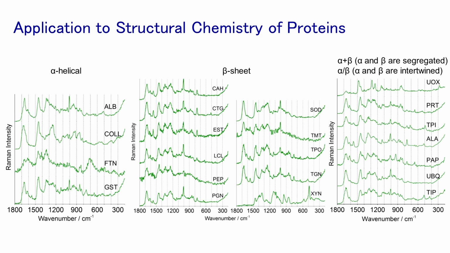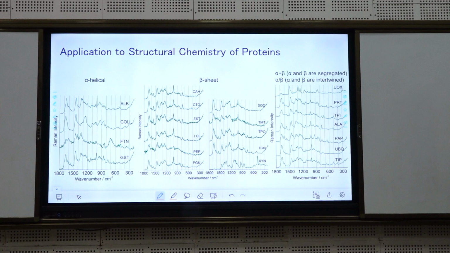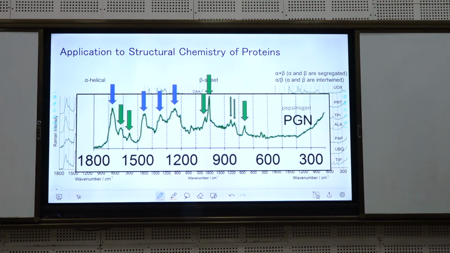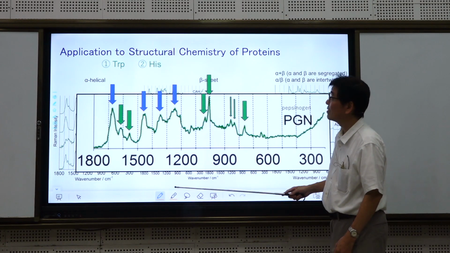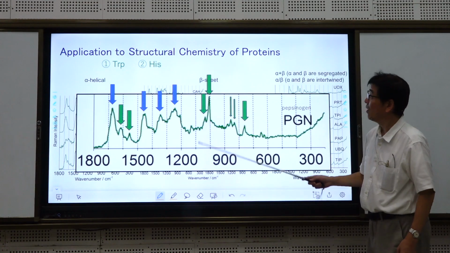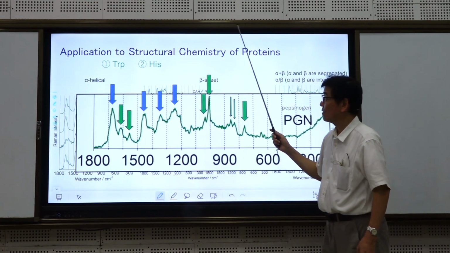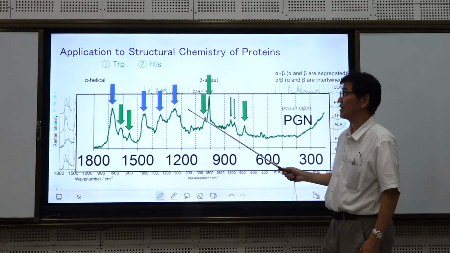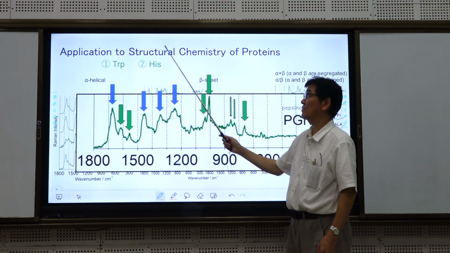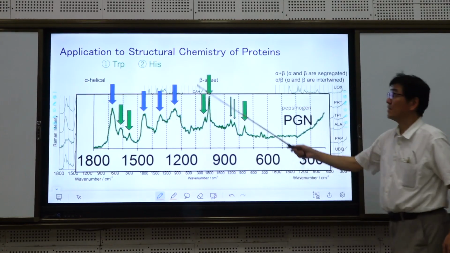Then again, this is a Raman spectra of various proteins, and next let's discuss how to get the information of the side chain. From the Raman spectrum, we can mainly get the information of the tryptophan and histidine.